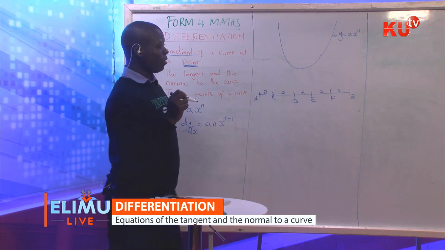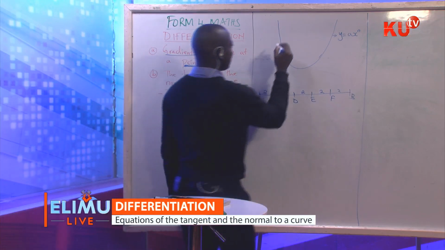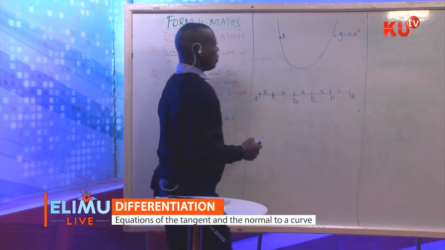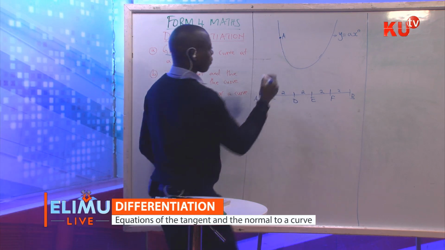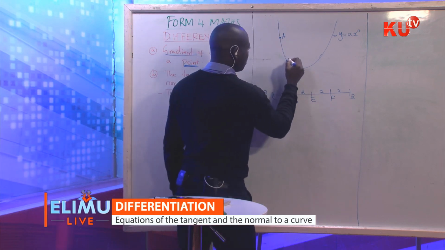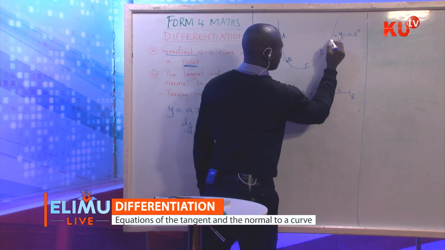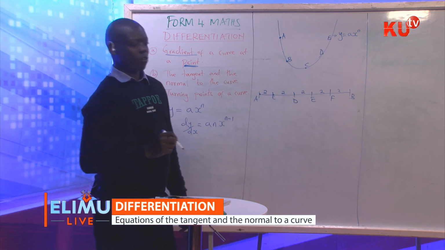There has to be a given point on which you are determining the gradient. So let's say, for example, we could have a point here, A. If I'm to determine the gradient of this curve at point A and point B, point C, point D, and point E, the gradient will be different.